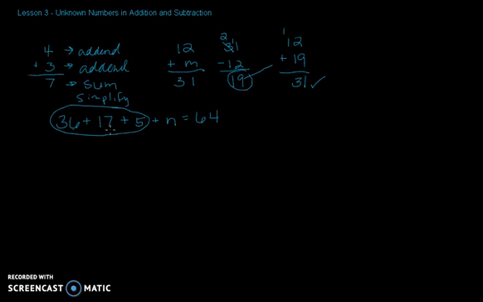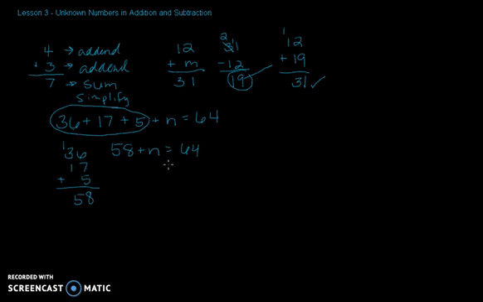Okay, 36 plus 17, so let's work that out here. That's 13, plus 5 is 18. 3 plus 1 is 5. So let's rewrite this as 58 plus n equals 64.